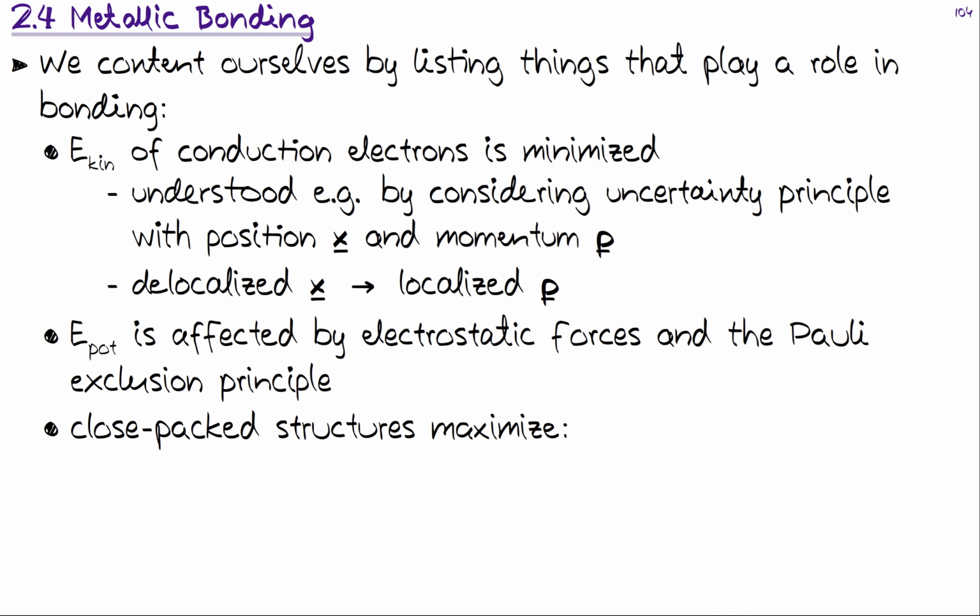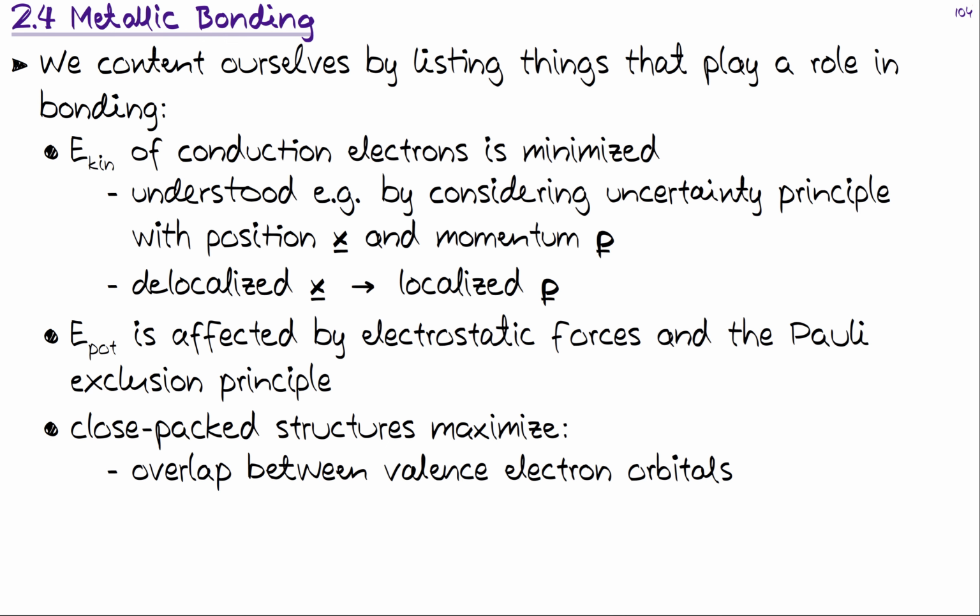Close packed structures tend to maximize the overlap between the valence electron orbitals. The closer the atoms are to adjacent atoms, the closer the electrons also are, and this is important in the formation of metallic bonds. Another thing maximized in close packed structures, such as FCC and hexagonal close packed, HCP, is the number of nearest neighbors.